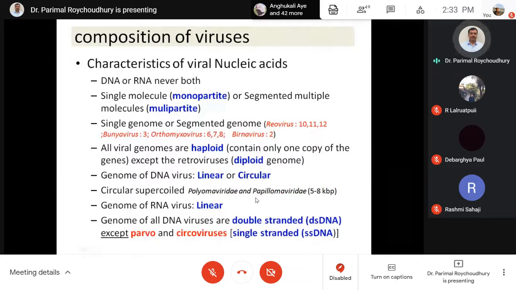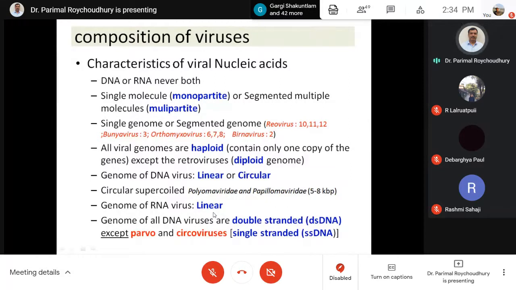Polyoma and papilloma viruses, the tumorigenic DNA viruses, are circular and supercoiled. Whereas DNA viruses like the circoviruses also have a circular genome. Whereas in the case of RNA viruses, we don't have any circular. All RNA viruses are linear, with both ends open.